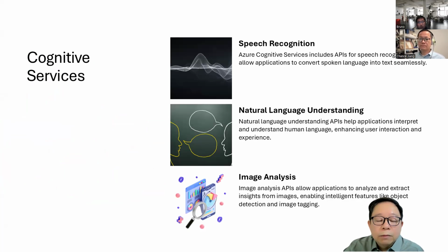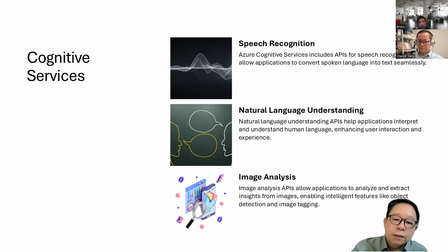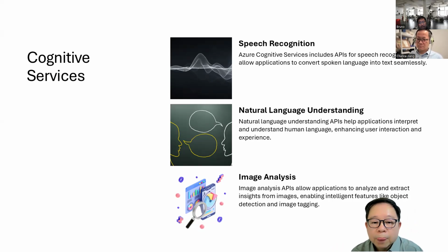It enables the AI developer to add intelligent features, for example speech recognition, natural language understanding, the communication between you and the customer, and image analysis to their application without requiring deep AI knowledge. So that is why you make use of a system like Azure AI. You don't need to build everything from scratch. You integrate what Microsoft has built.